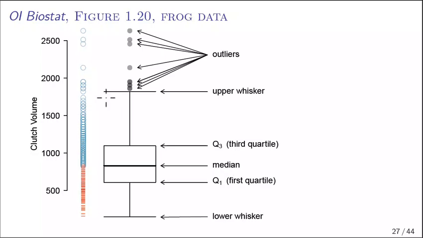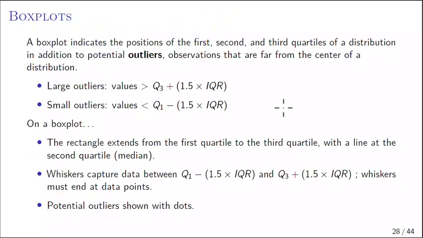Sometimes we could find some values beyond the upper whisker or below the lower whisker. Those are called outliers. That's how the box plot is defined. We should pay special attention to how the outliers are defined.